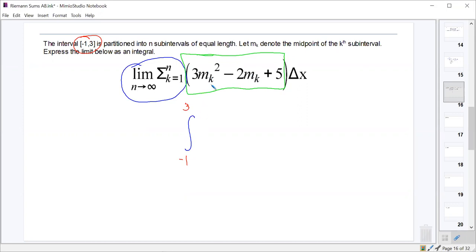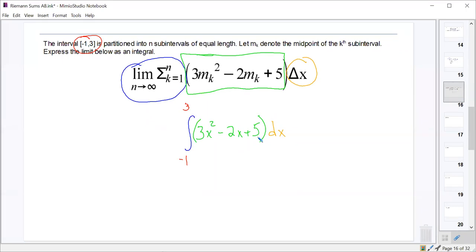That should let these m sub k's just turn into x's for our function: 3x squared minus 2x plus 5, right? Because we're looking at f of x. And then lastly, this delta x should turn into dx. And that's all you have to do to convert from Newton's notation into Leibniz's notation.